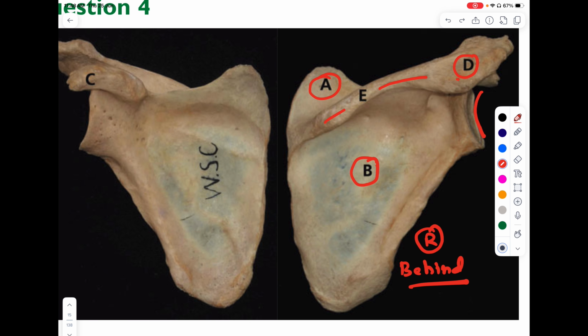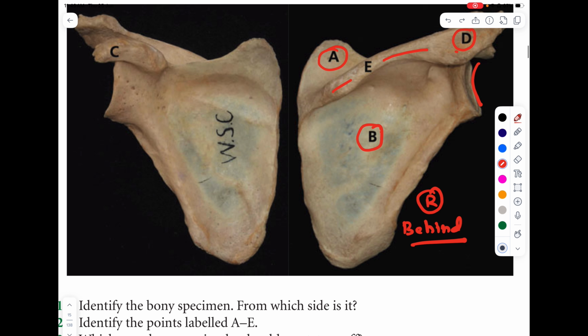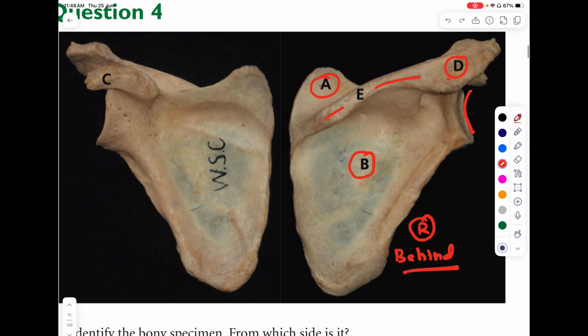Now, what are the questions? Label C2, the muscles comprising the rotator cuff. You have to remember the muscles: supraspinatus from here, infraspinatus, SITS. So supraspinatus is from the spine and inserted on the top of the greater tubercle, and this is infraspinatus.